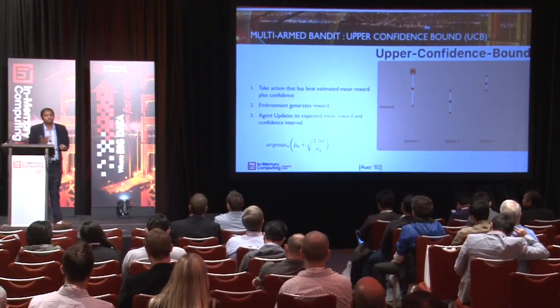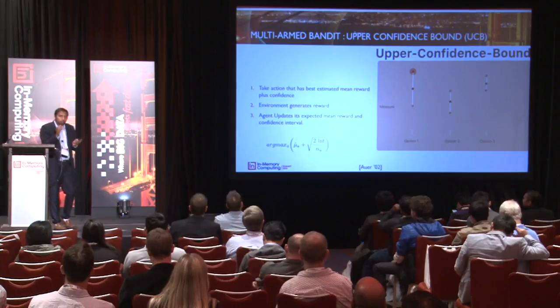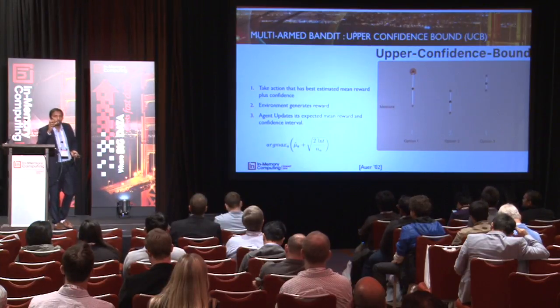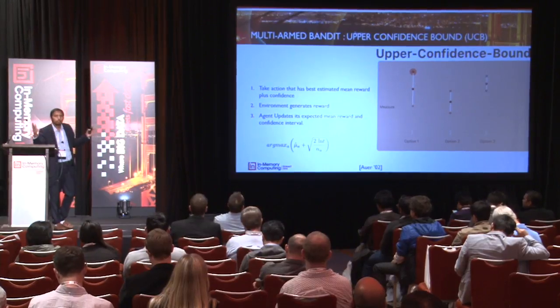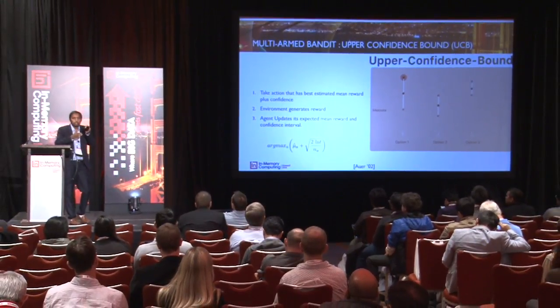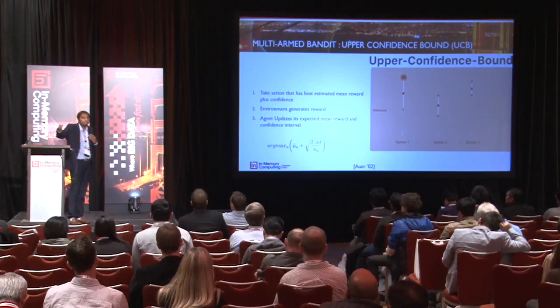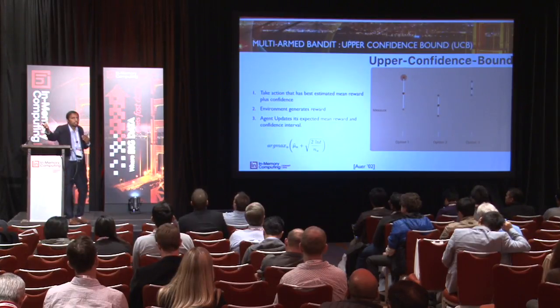So when in the initial part there is very little data for a particular action, the confidence interval will be high, because you are not sure about it. The confidence bound will be plus or minus, let's say, $50. So $20 plus or minus $50, so it's $70. So it is being optimistic about that and says, okay, I will take the one that gives me the highest mean plus this bound.